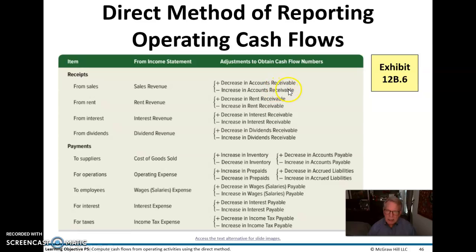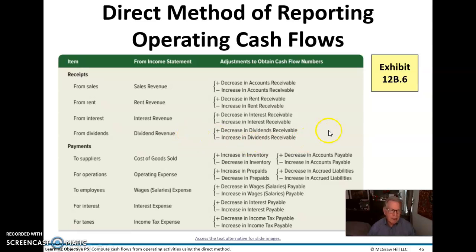Okay. Decrease in accounts receivable is a source of money, so we're going to add that. And then we can do the same thing with rent revenue. We use receivables here. Same principle, same thing with interest revenue, same thing with dividends revenue.